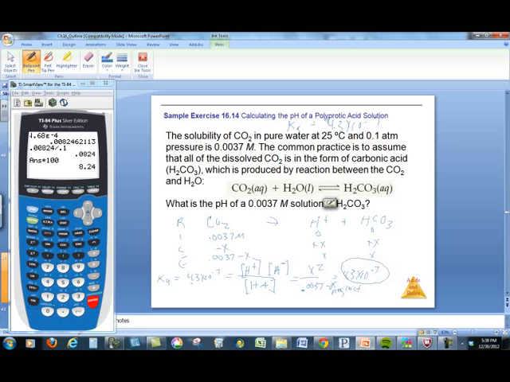So let's put that result down. x squared is equal to 4.3 E negative 7 times 0.0037, which is 1.591 times 10 to the minus 9 molar.